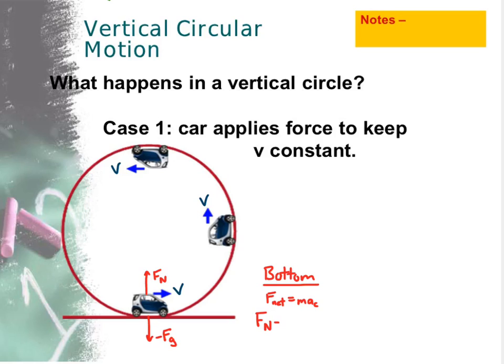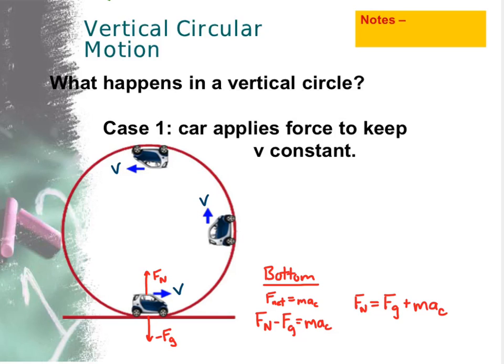So normal force minus gravitational force, that's F net, equals m times centripetal acceleration. We can add gravitational force to both sides, so the normal force has to equal the gravitational force plus m times centripetal acceleration.